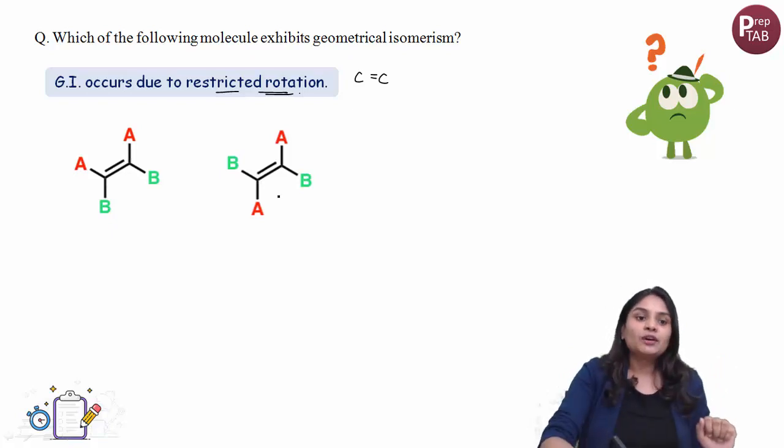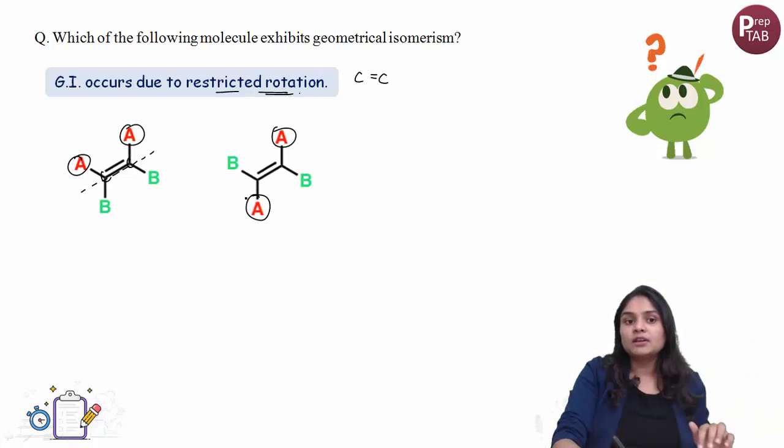As you can see in this molecule we have C double bond C, and on each carbon atom we have A and B substituents, right? In this case the A substituent is on the same side of the double bond, and in this case A is on the opposite side of the double bond.